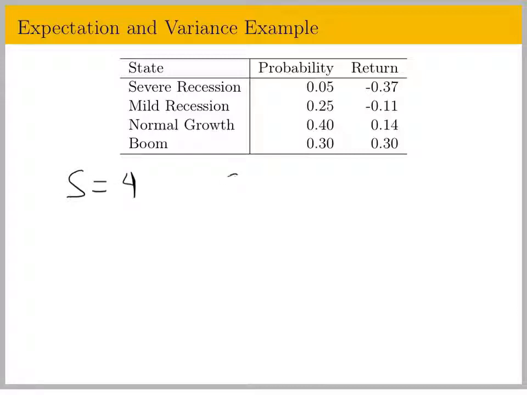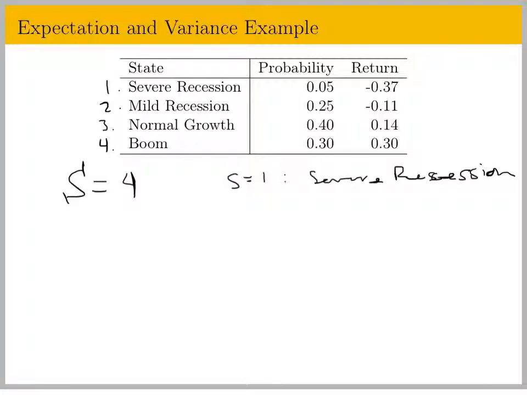And then we will say that little s equal to 1 is the severe recession, little s equal to 2 is a mild recession, this is little s equal to 3, and little s equal to 4.